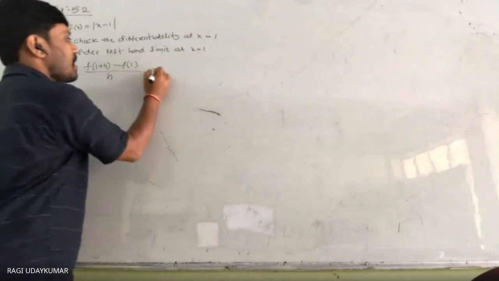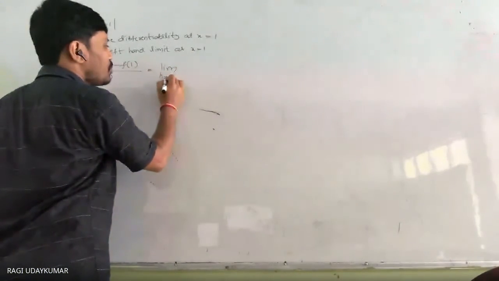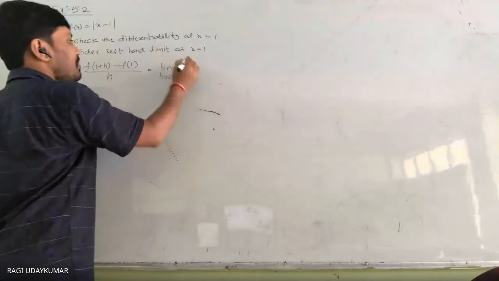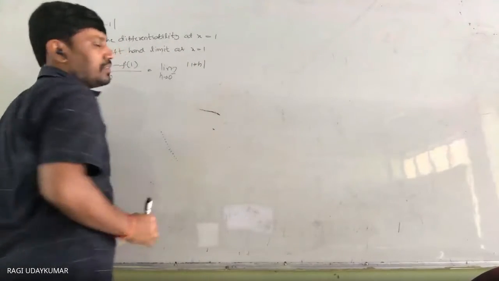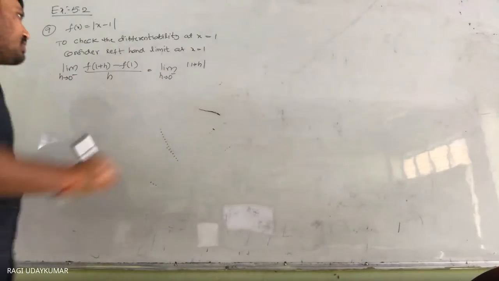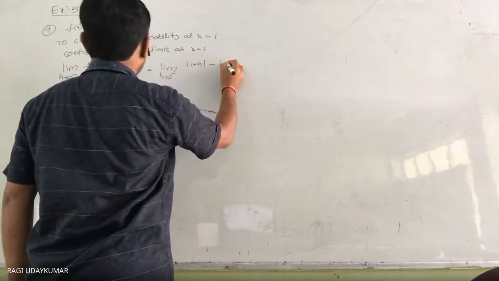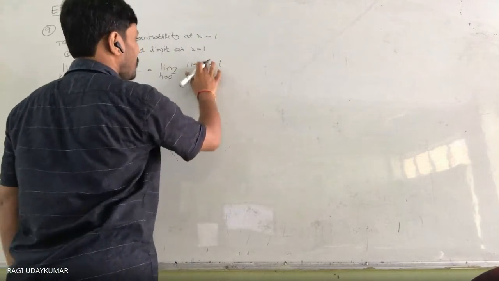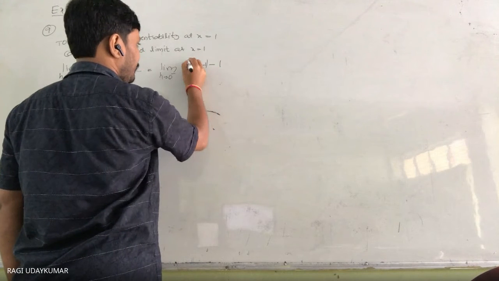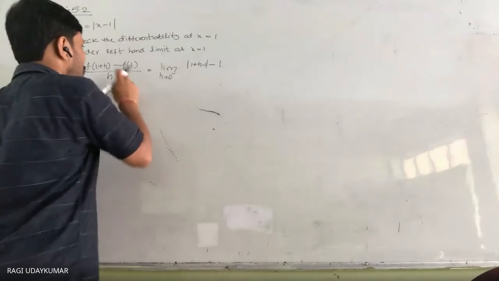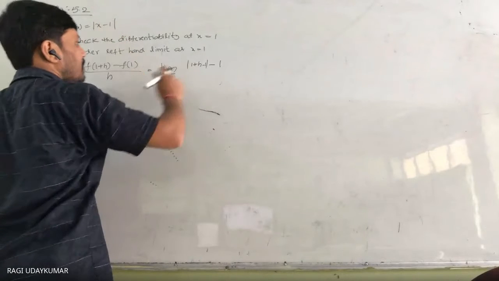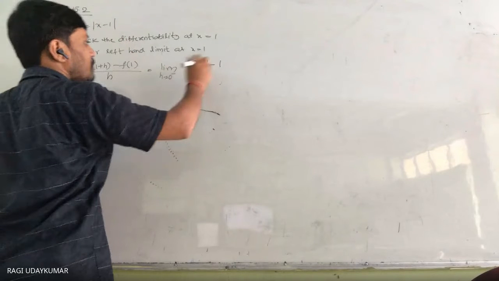So this equals limit h tends to 0 minus of modulus of 1 plus h minus 1, because f of x is modulus of x minus 1, minus modulus of 1 minus 1, by h.